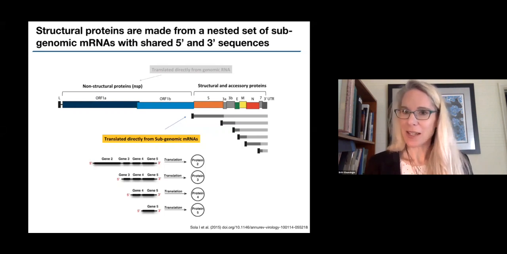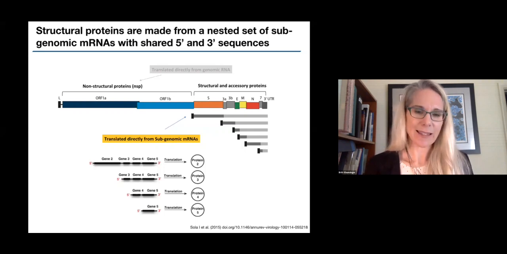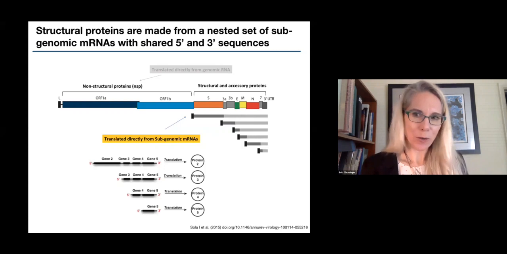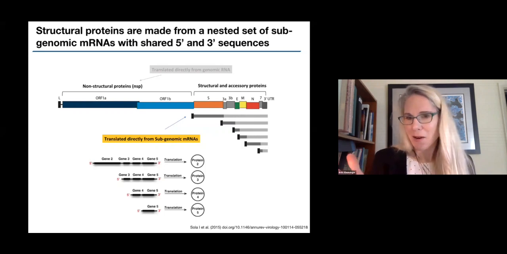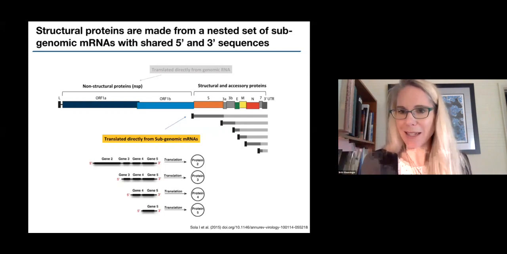But the question is how does the virus make these subgenomic RNAs? And that ties into another really weird feature of these. The fact that they're all 3' coterminal makes a lot of sense. The polymerase is going to start at the 3' end and then transcribe through to produce the RNA.